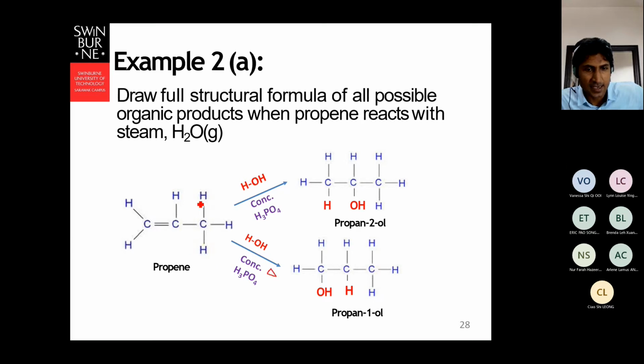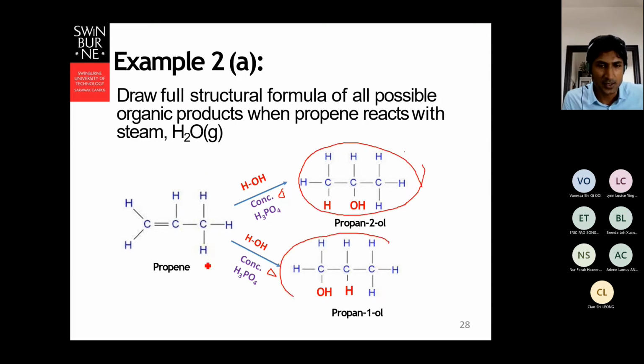There will be heat added into this reaction. So this is how this alcohol is produced. If in the exam we ask how the reaction is producing, show the structure of the product. So we have to come up with this product. You have to show the product as well.